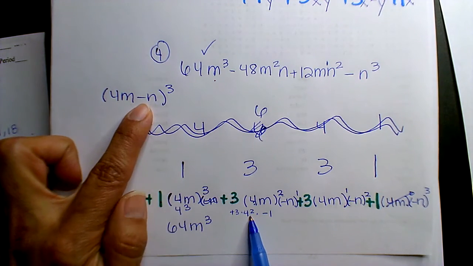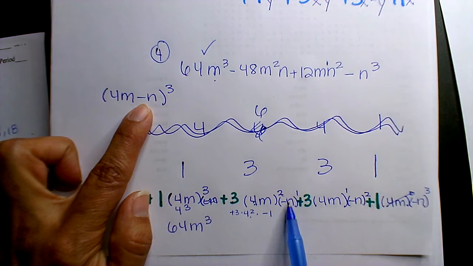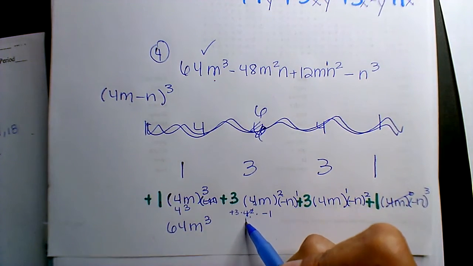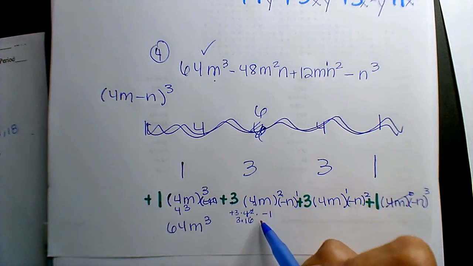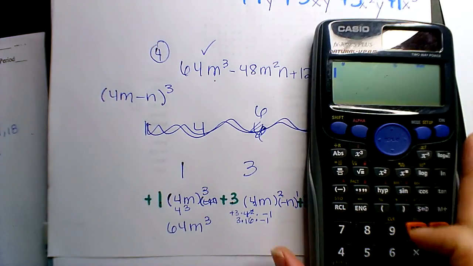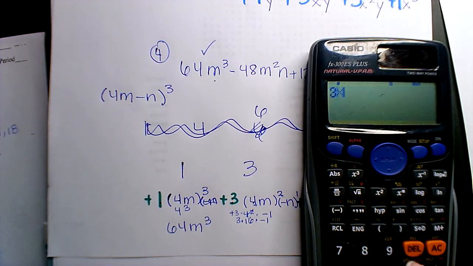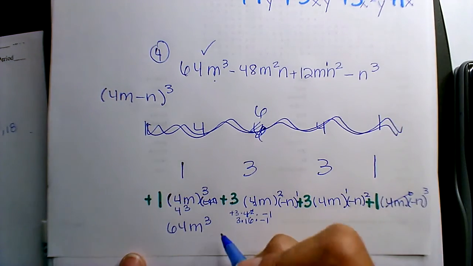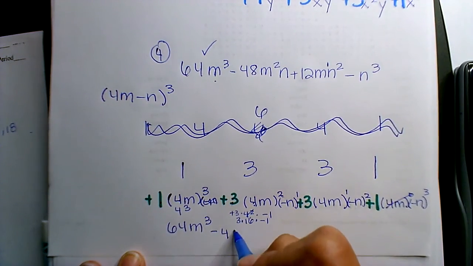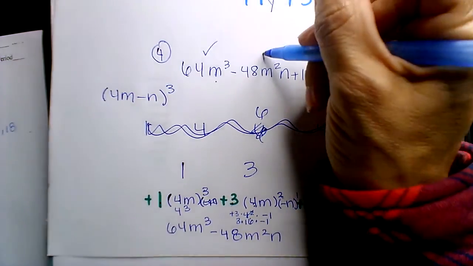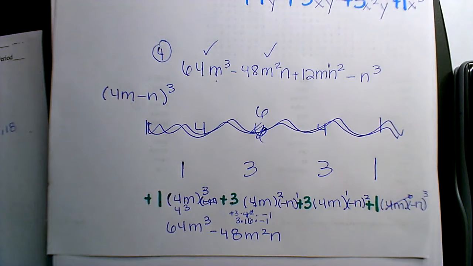And that negative 1 is the coefficient of the second term, to the first power. So 4 squared is 16. What's 16 times 3 times negative 1? Negative 48. So there's my minus 48m squared n, and he has that right there.